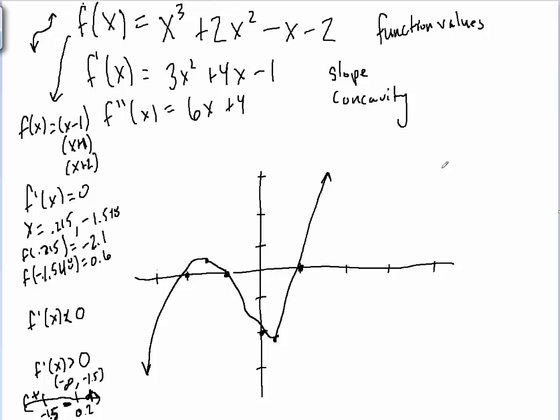Now what we can do is, at these relative maxima or minima, if we find the second derivative is positive, we have concave up, which means the relative extremum would be a minimum, and if the second derivative is less than 0, we have concave down, which would mean the point is a relative maximum.